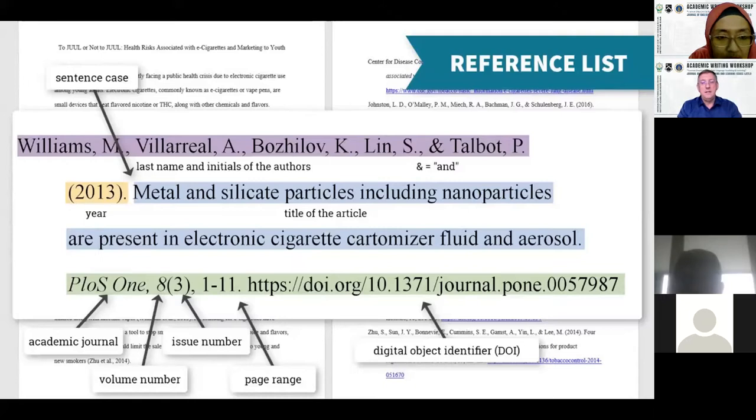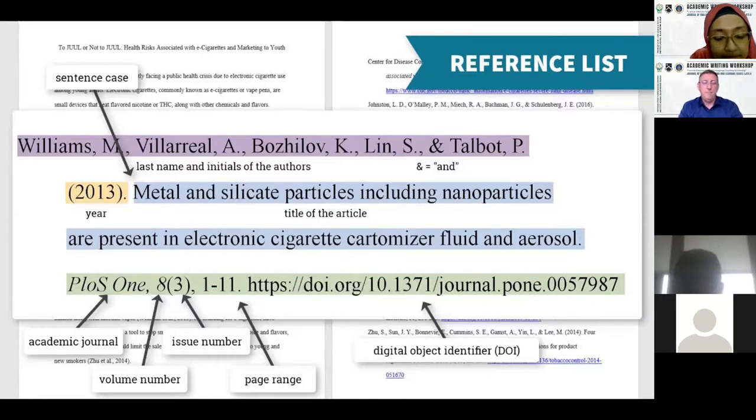And the DOI, the digital object identifier, it must be a hyperlink. It must have the HTTPS. It must be a hyperlink. And APA no longer uses "received on this date," or "checked on this date," or "downloaded on this date."